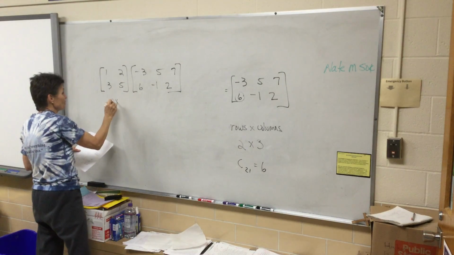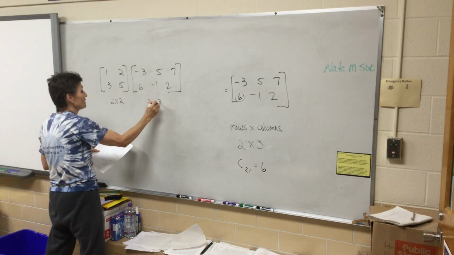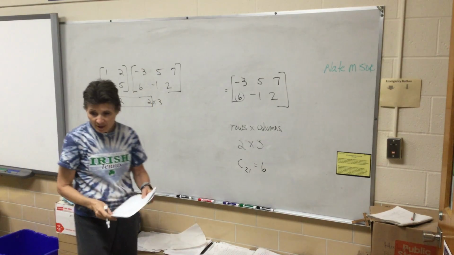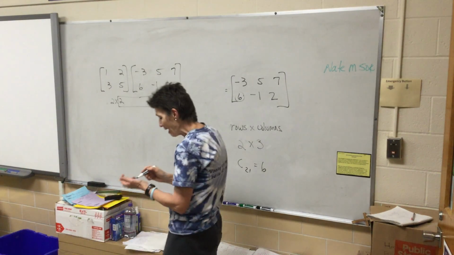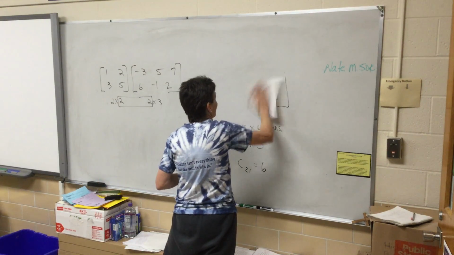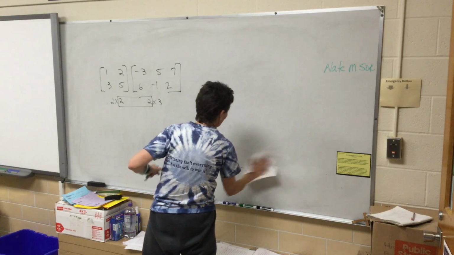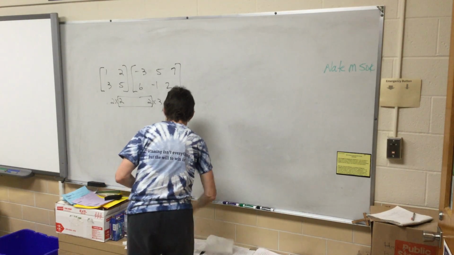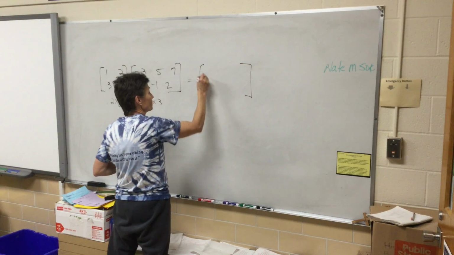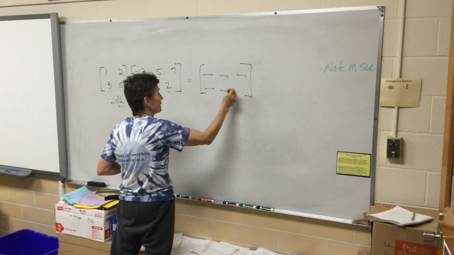So it's a 2 by 2, and a 2 by 3. Yes, it will work. And then remember, the dimensions on the outside tell you how big your answer is. So my answer is going to be another 2 rows and 3 columns.